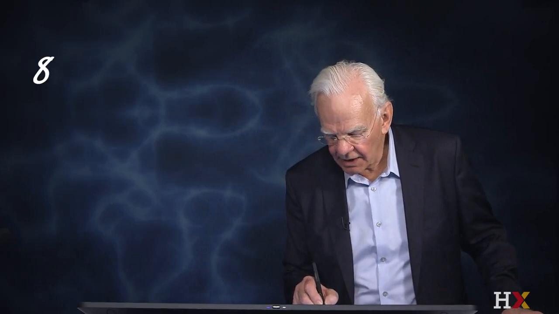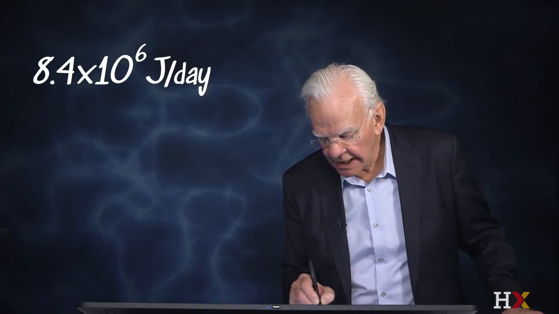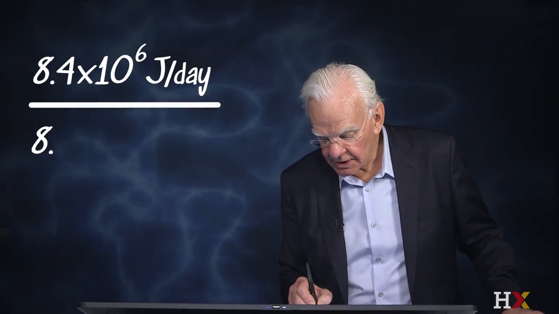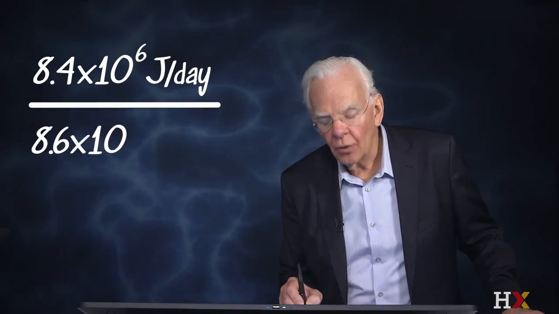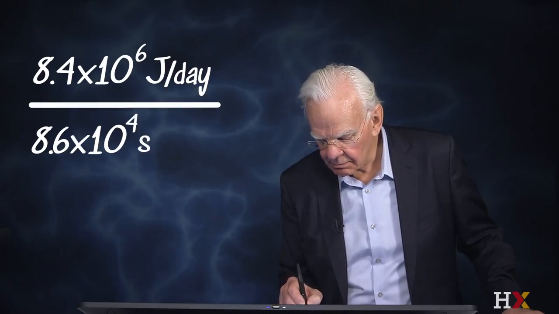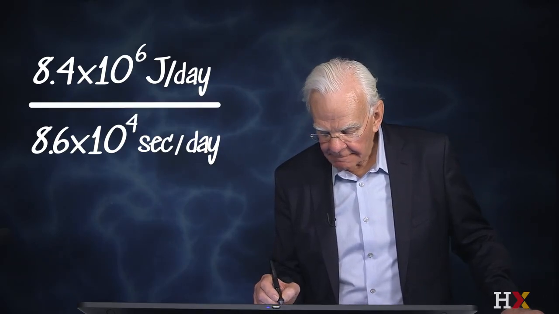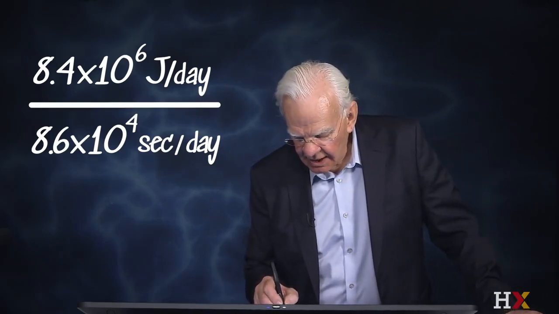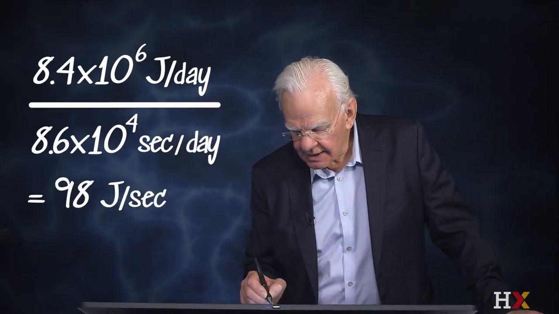So I have 8.4 times 10 to the 6 joules per day, and I divide that through by 8.6 times 10 to the 4 seconds, and that gives me a very interesting number. That's 98 joules per second.